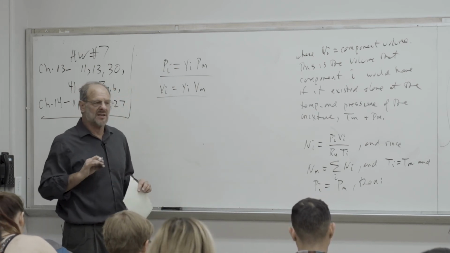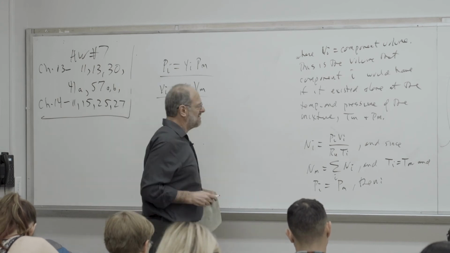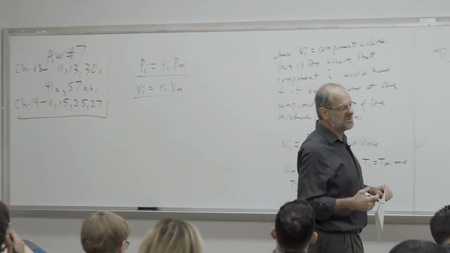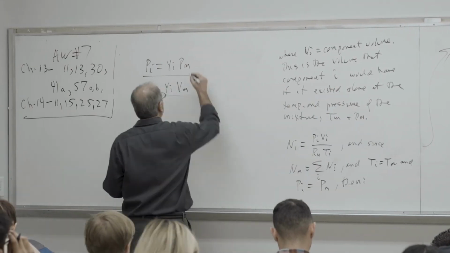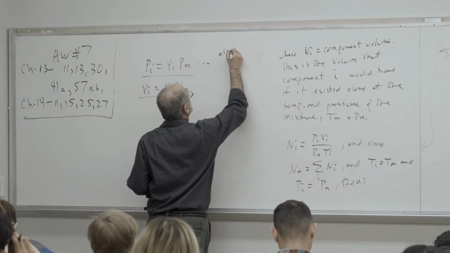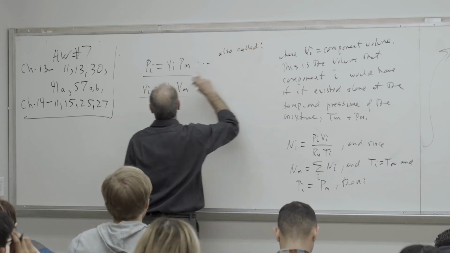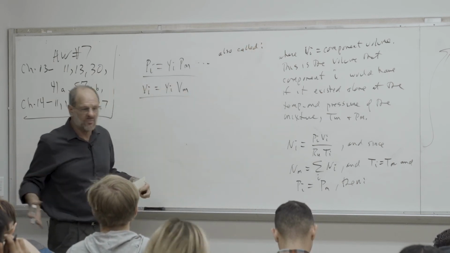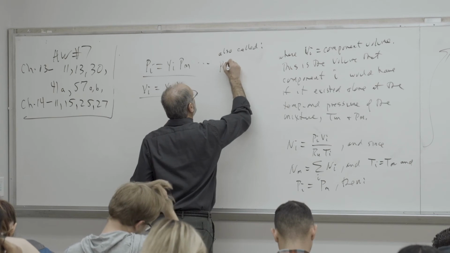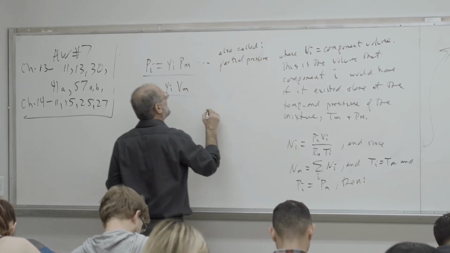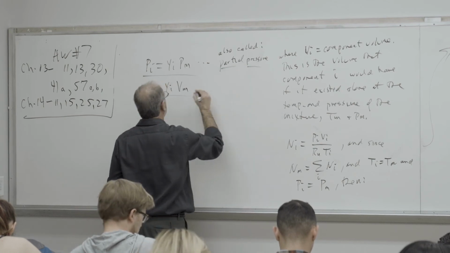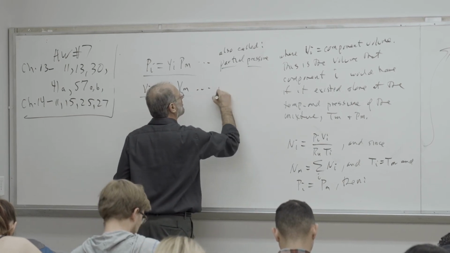I might note that even though technically Pi and Vi are called the component pressure and component volume, sometimes they're given a different name. Pi is sometimes just called the partial pressure, and Vi is sometimes called the partial volume.